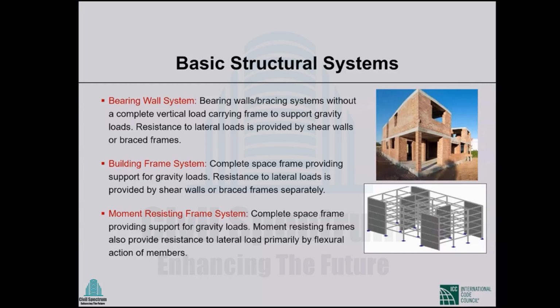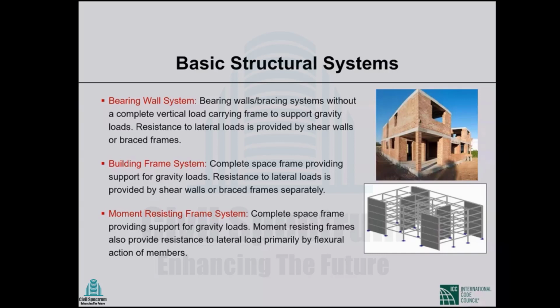Building frame system. Building frame system is interesting. Although the term frame is there, you may think that this is a beam column system. Yes, frame is there, but the typical beam column systems that we are familiar with are actually moment resisting frame systems. So what is a building frame system?